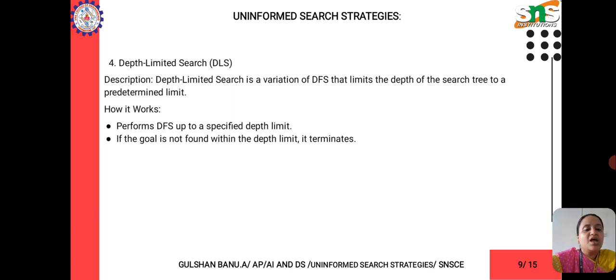Now, what is depth limited search? The depth limited search is a variation of DFS that limits the depth of the search tree to a predetermined limit. How does it work? It performs DFS up to a specific depth limit. If the goal is not found within the depth limit, it terminates.